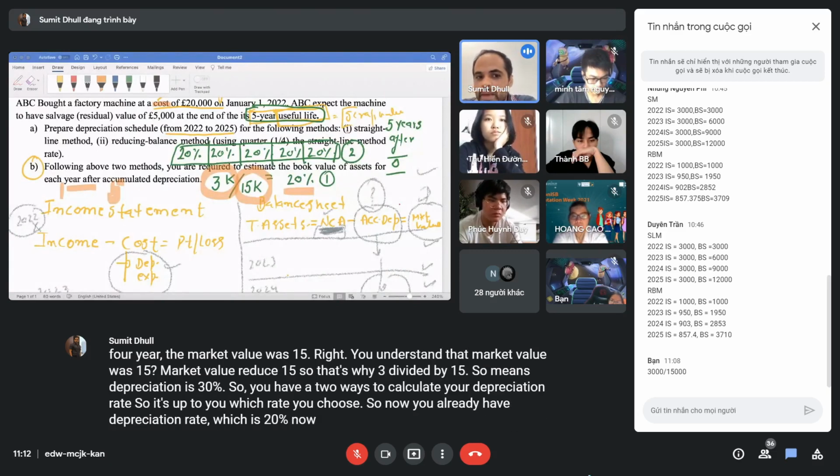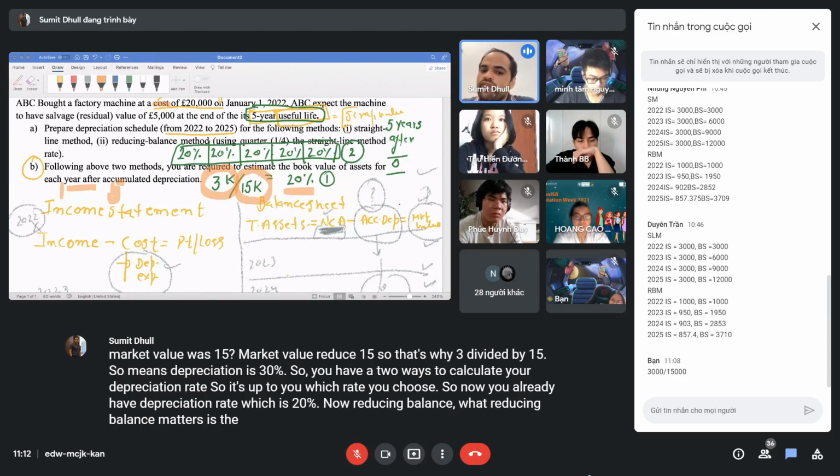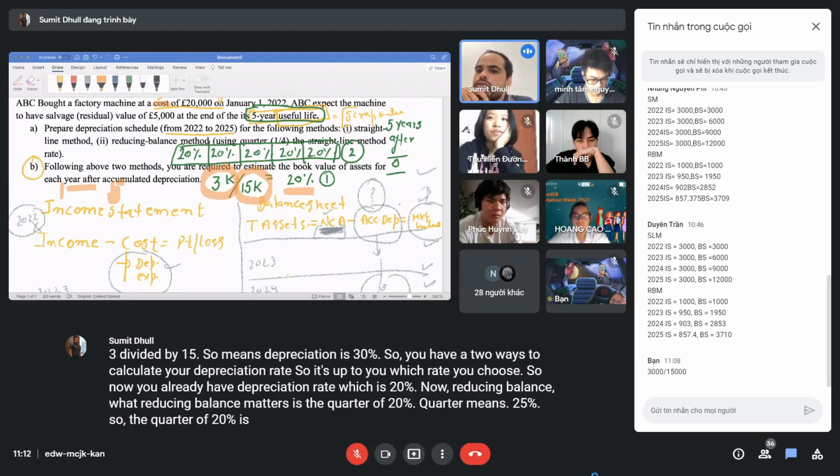Now reducing balance. What does the reducing balance method say? A quarter of 20%. Quarter means 25%. So a quarter of 20% is... can you tell me how much is a quarter of 20%?